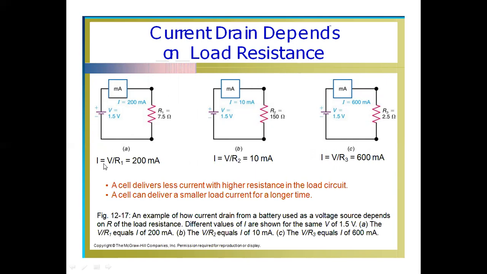In the first case, I is V upon R1, that is V is 1.5 upon R1 is 7.5 ohm, so you will get the current as 200 milliamp. Here you will get the current 10 milliamp. Here you will get the current as 600 milliamp. So your current depends on the load resistor. A cell delivers less current with higher resistance in the load circuit. A cell can deliver a smaller load current for a longer time.